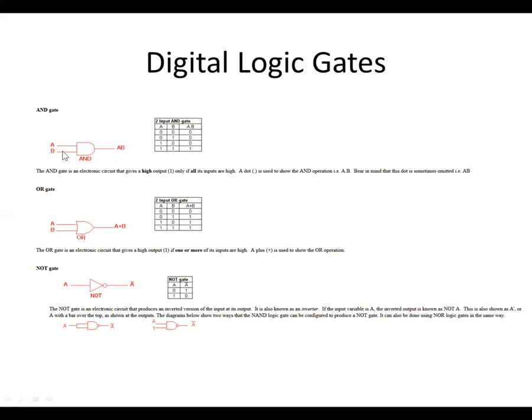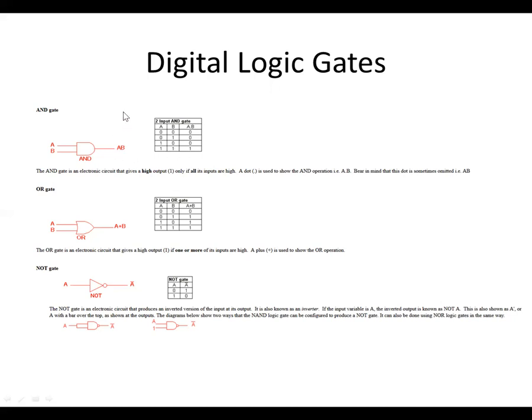There are 2 inputs, so there are 4 combinations of outputs. So for an AND gate, if both A and B are 0, the output's 0. If A is 0 and B is 1, the output's still 0. A is 1, B is 0, it's 0. And the only way you get a 1 output is if both of them are on.